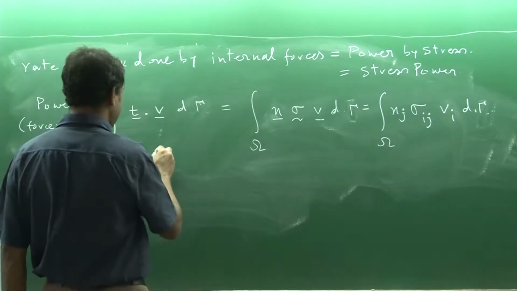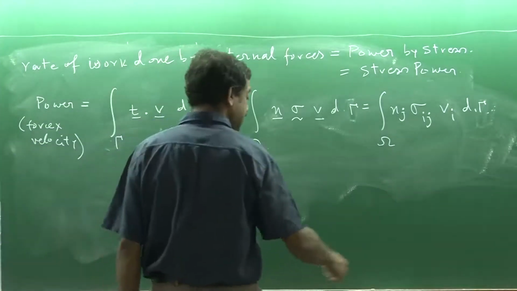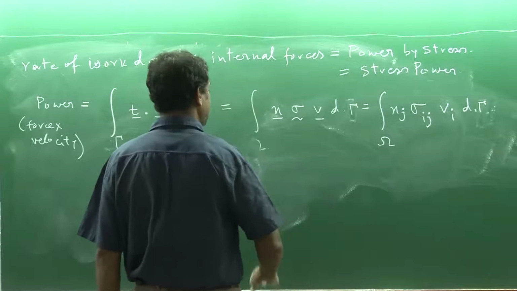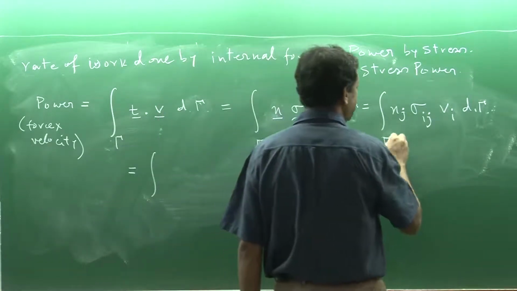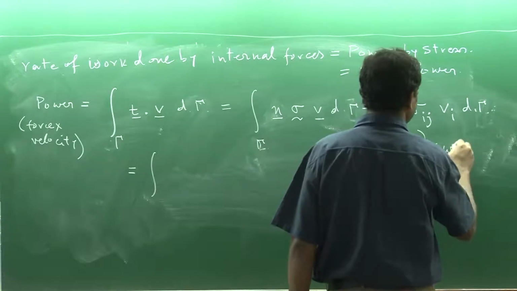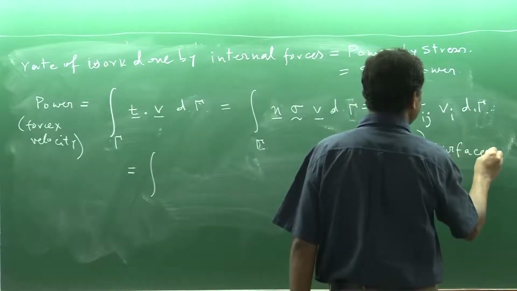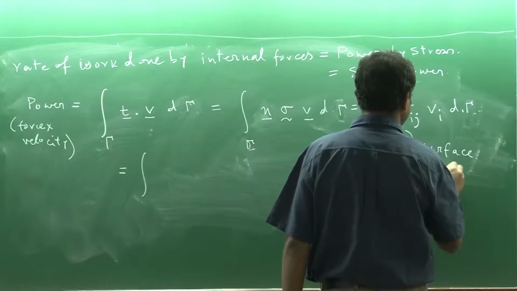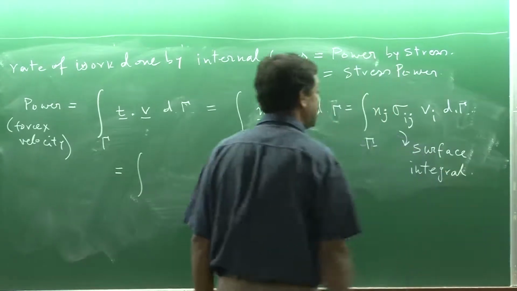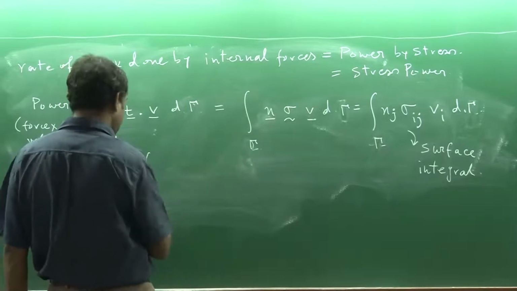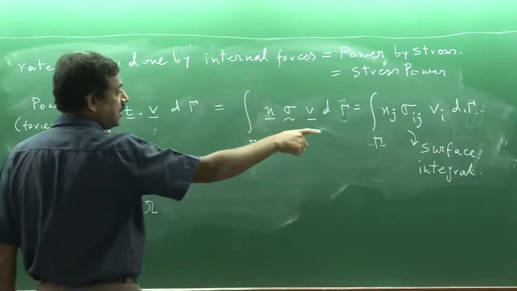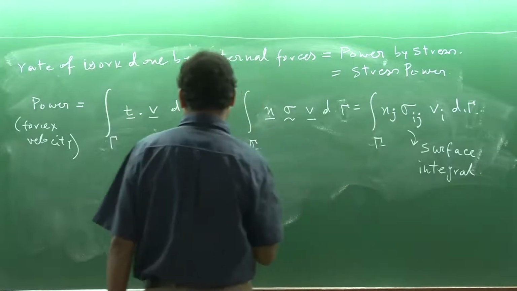Now, what can we convert? This is a surface integral, or we can say a line integral over the line. You can convert it into a volume integral. How do we convert it into a volume integral? This is the unit normal nj.